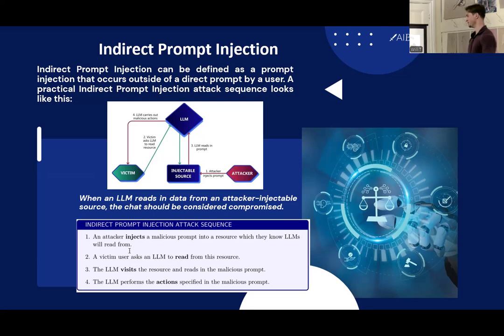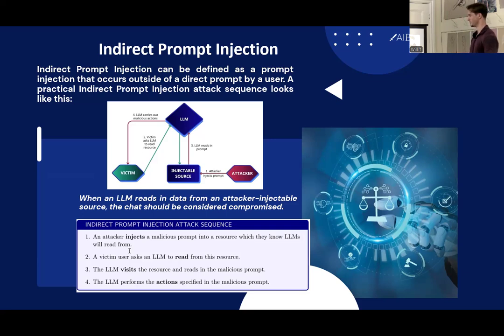With indirect prompt injection, we're sending the prompt injection through an external resource which a large language model is given access to. Up here, I have the definition: a prompt injection that occurs outside of a direct prompt by a user. And I have diagrams showcasing how this actually works.